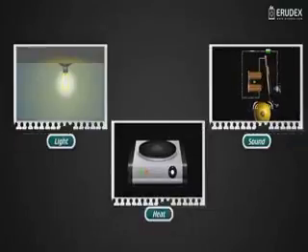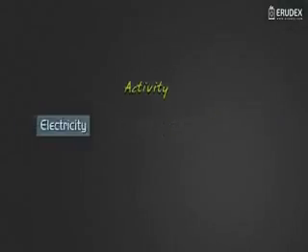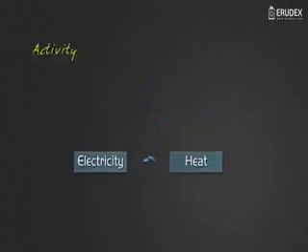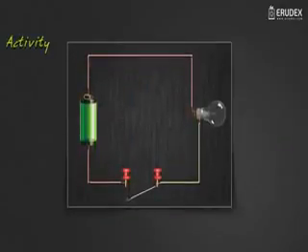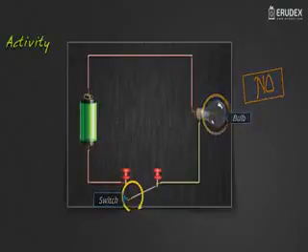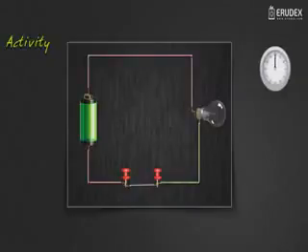Electrical energy is changed into light energy, heat energy, and sound energy. So let's see with the help of this activity how electrical energy changes into heat energy. Look at this. That is a circuit in which switch, battery, and bulb are present. If the switch is turned off, then the bulb does not glow. But when we turn on that switch, electrons start flowing through this circuit and glow the bulb.